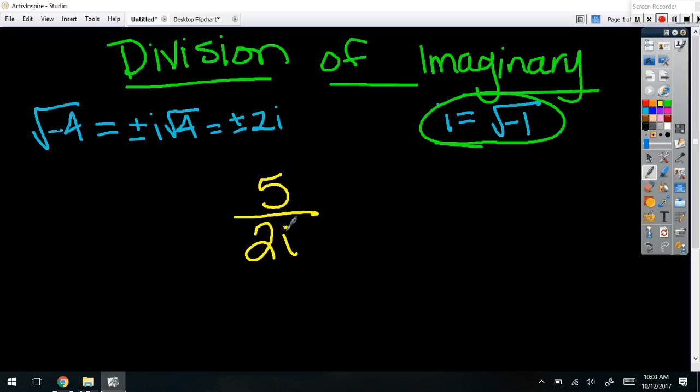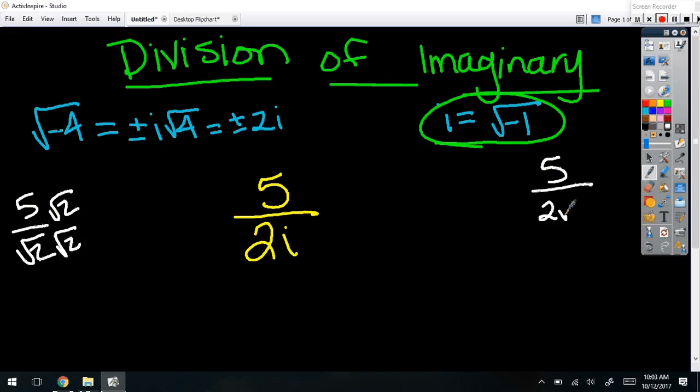So you times it by yourself again. Exactly. But we're not going to times it by everything, because then it'll be times 2i. Think back whenever we had radicals. If I had 5 over the square root of 2, it's going to be 5 root 2 over 2. What you do to the bottom, you do to the top. What if it was 5 over 2 square root of 3?